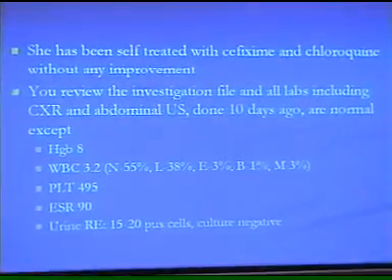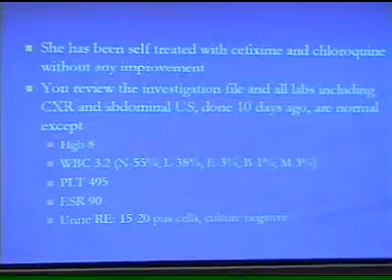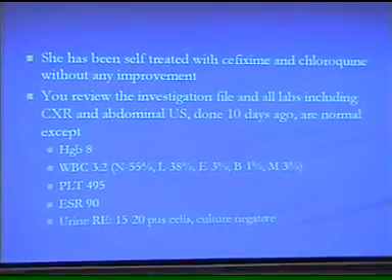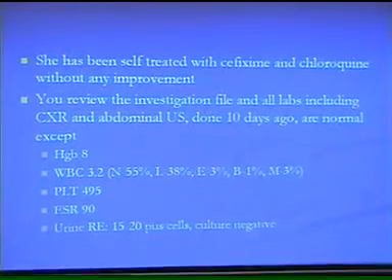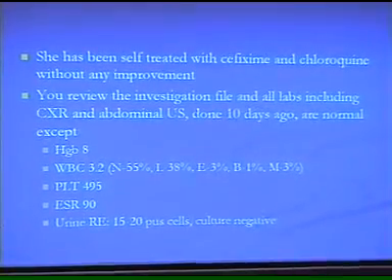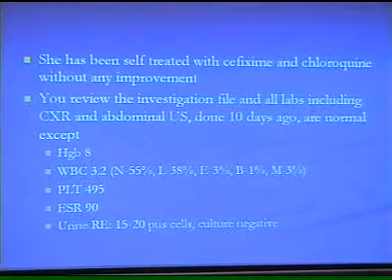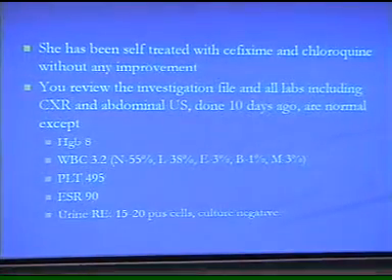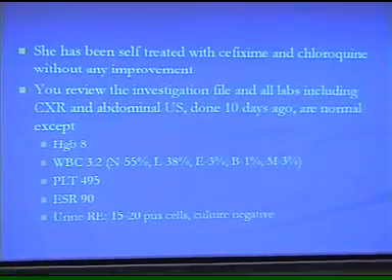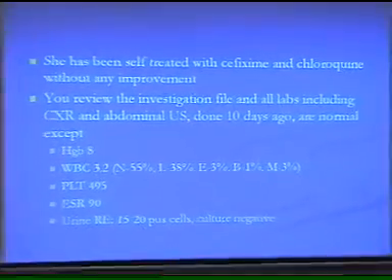You review her investigation file, and everything was normal except hemoglobin was 8, she was anemic, WBC 3.2, leukopenic, without left shift, platelets slightly high at 495, ESR is 90, and urine RE shows 15 to 20 pus cells, but the cultures were negative. So what do you think about this picture?